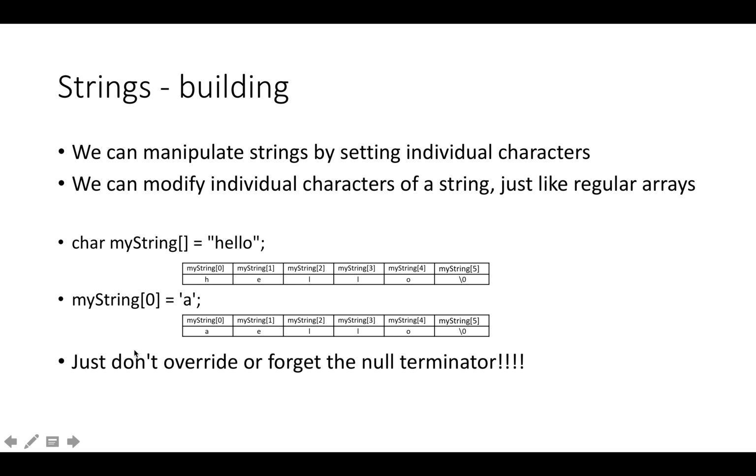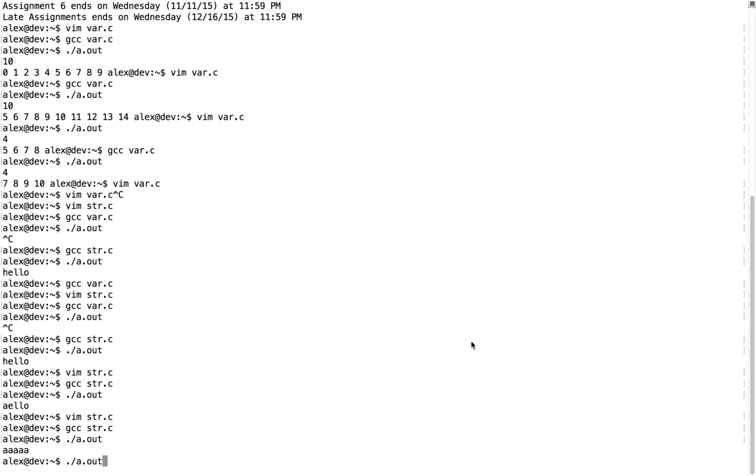So the last point to keep in mind is to make sure that you don't override or forget the null terminator. Remember, the null terminator is usually at the last position of our character array, and that's what signifies the end of the string.